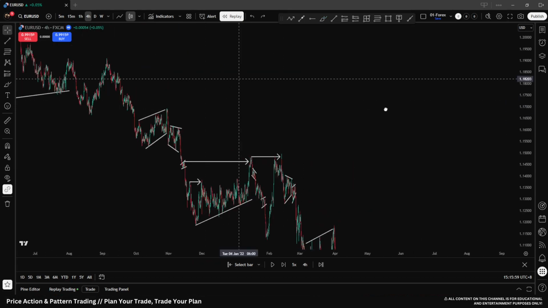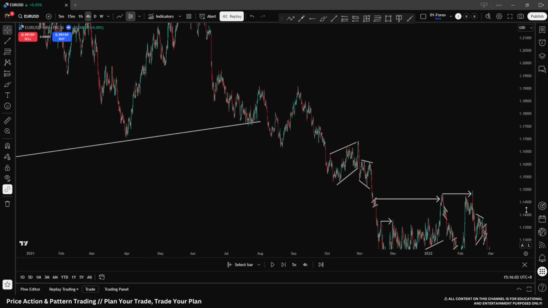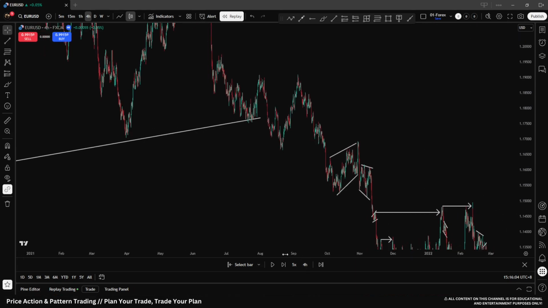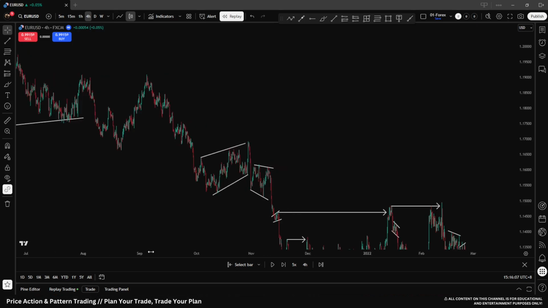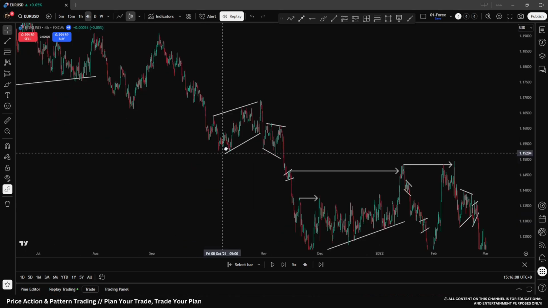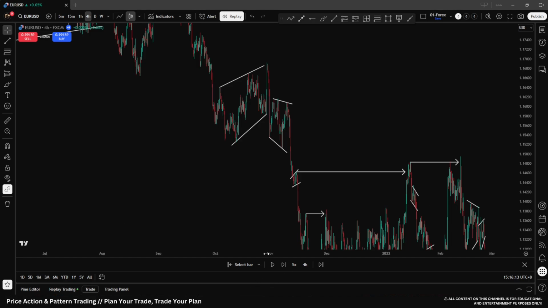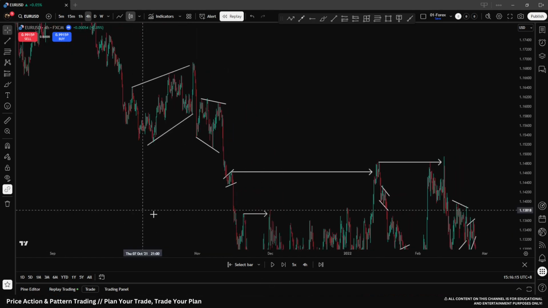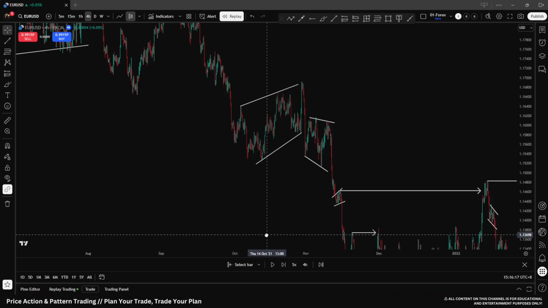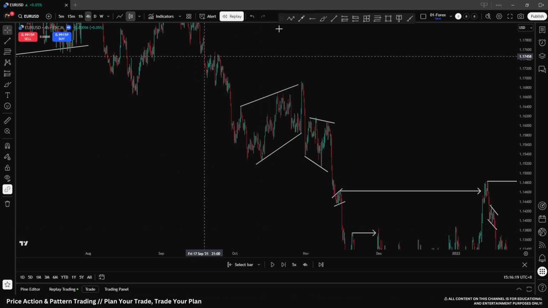And then we can see that these normal types of patterns are repeating themselves over and over again. Again, keep in mind we are on the 4-hour time frame, so of course there are a lot of lower time frame trades, even just in this first continuation pattern here.